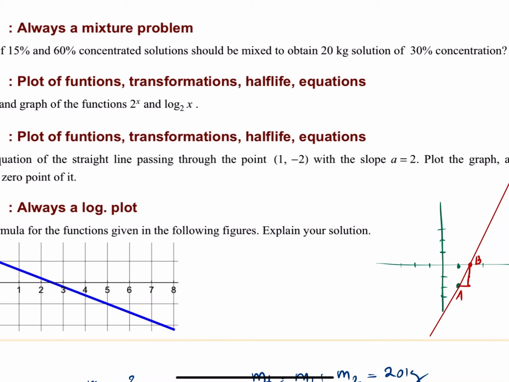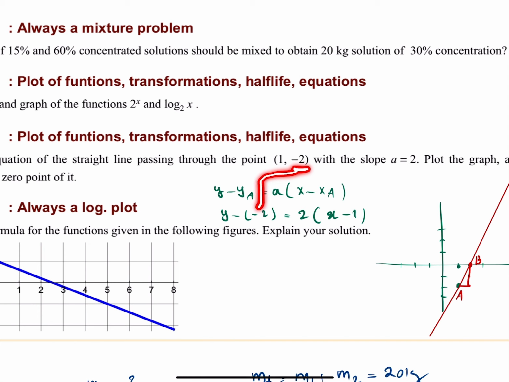How can I find the equation? I have to write the formula: y minus yA equals m multiplied by x minus xA. I put the numbers here: y minus 2 equals m, which is 2, times x minus 1, because I showed you.